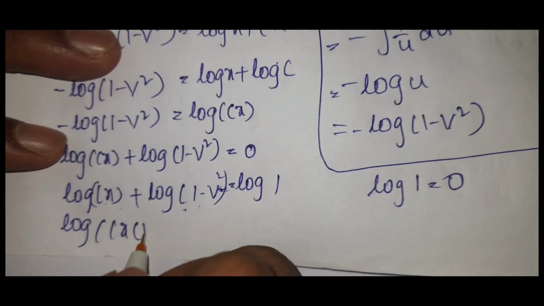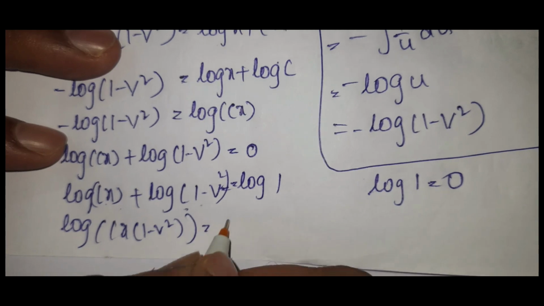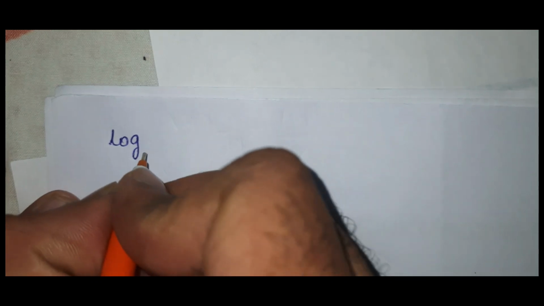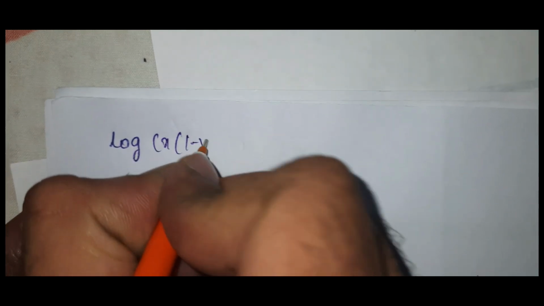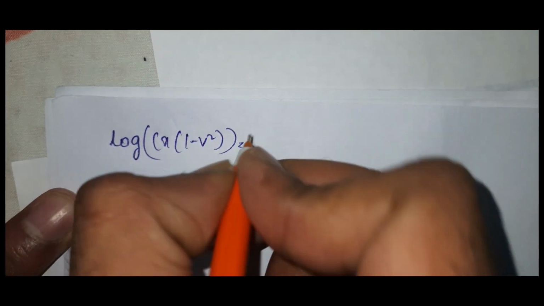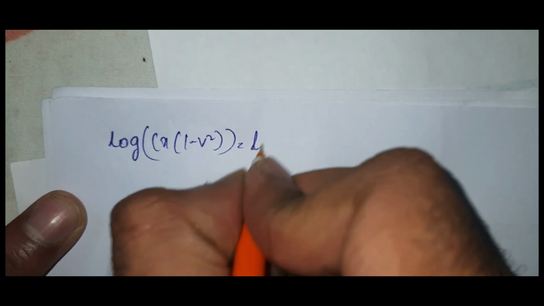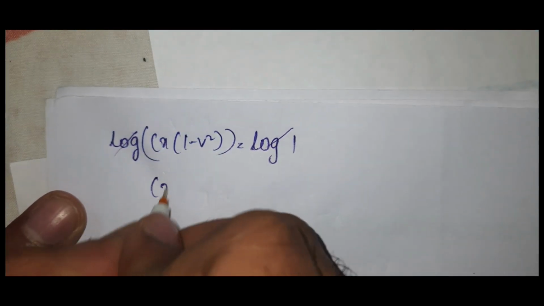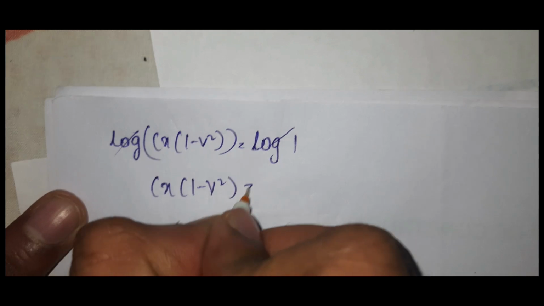So log of cx times 1 minus v square is equal to log 1. Now the log cancels, cx of 1 minus v square is equal to 1.